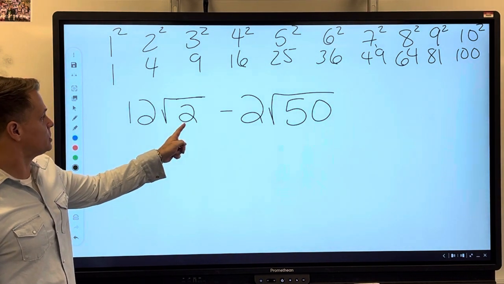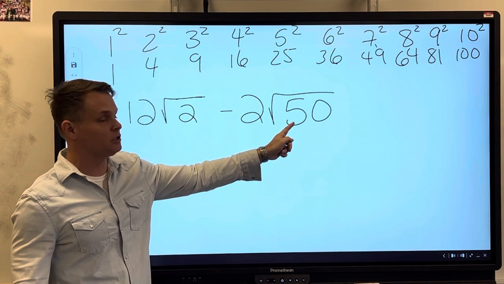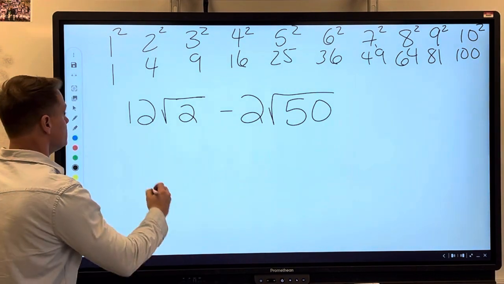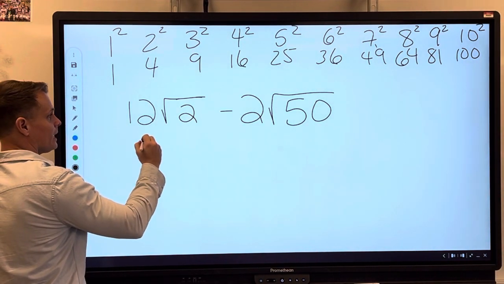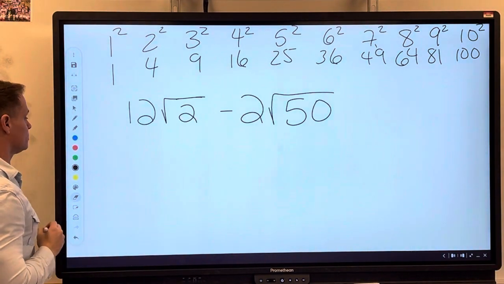So a lot of times, we got our 2 right here. This could give us an indication of what this number is right here. So go ahead and try this problem. I'm going to try it too. Let's see if we get the same answer.